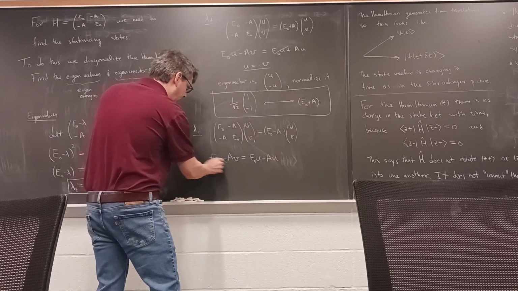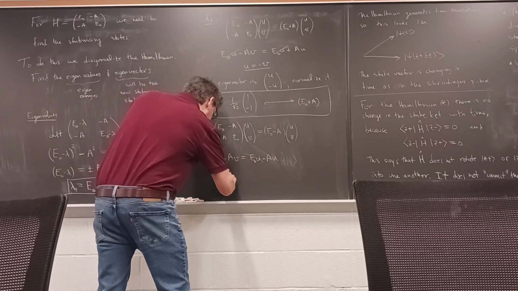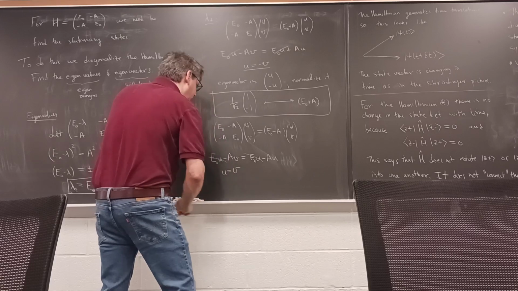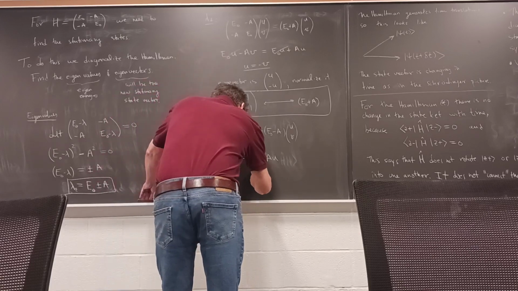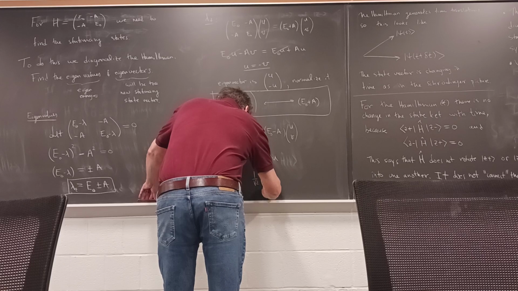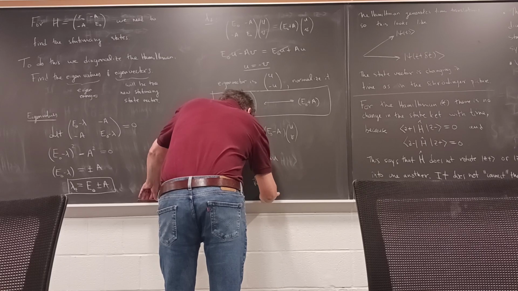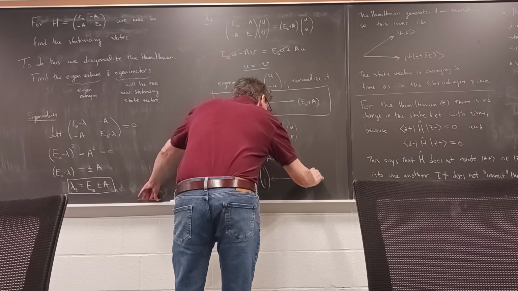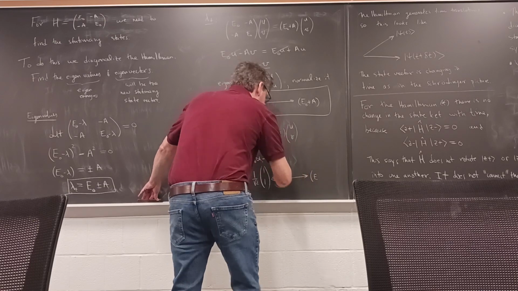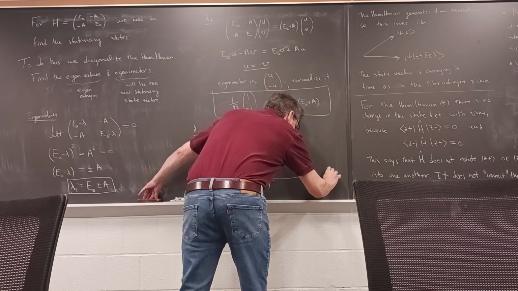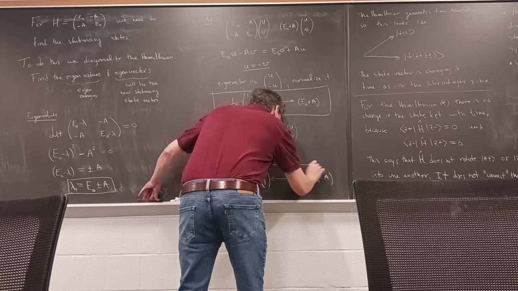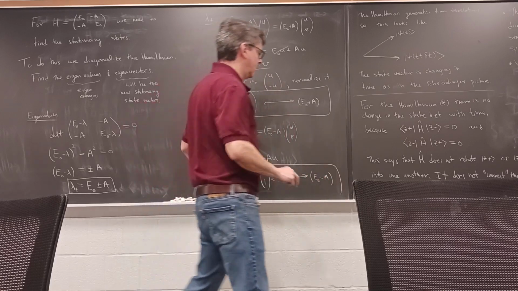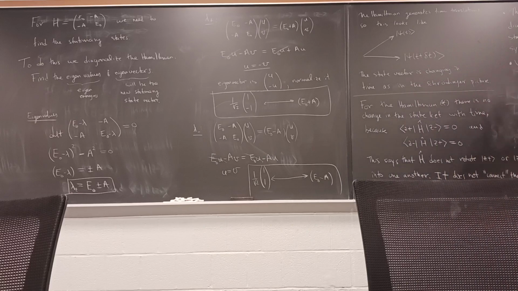So again, we can throw away our E0u's, and now we have u equals v. So we have 1 over the square root of 2 times (1, 1) is the eigenvector that goes along with E0 minus A. Okay, any questions about that?